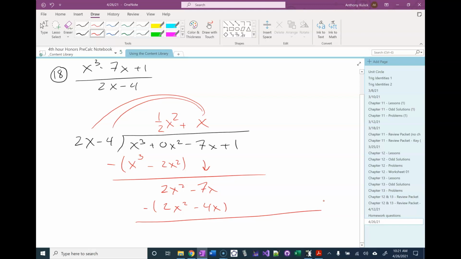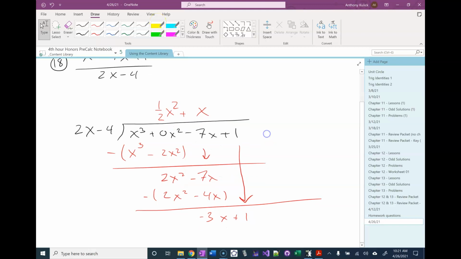Negative 7x minus a negative 4x is negative 3x. And then I bring the 1 down. And then my last step is going to be, what times 2x gives me negative 3x? Well, that's going to be negative 3 over 2, right? Yeah. Okay.